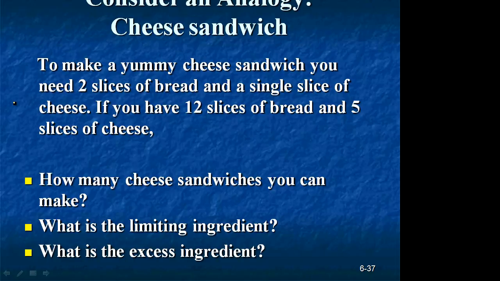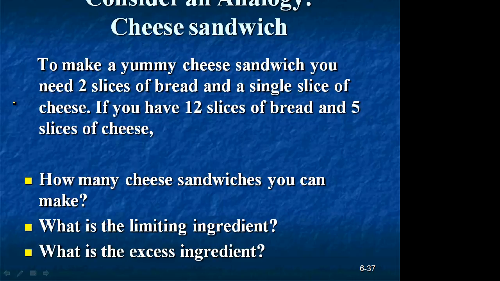The first question is, how many sandwiches can we make? Look at the recipe. 2 slices of bread and 1 slice of cheese. That's what you need for a sandwich, right? Now you have 12 slices of bread and 5 slices of cheese.